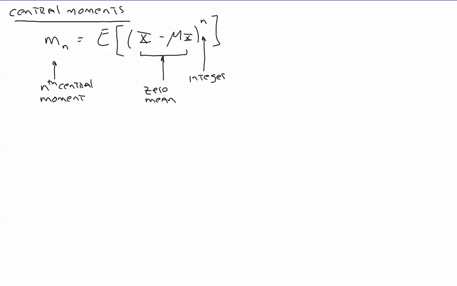The nth central moment is calculated this way: integral from minus infinity to infinity of x minus mu x to the nth power. That's not very clear. Let me redo that. I dropped my eraser. Times the probability density function.